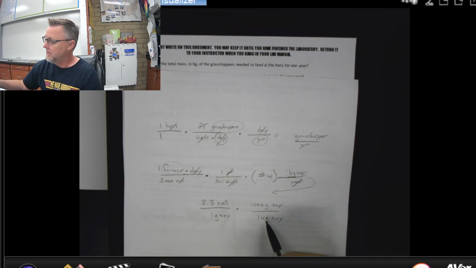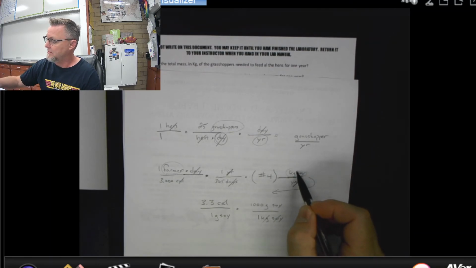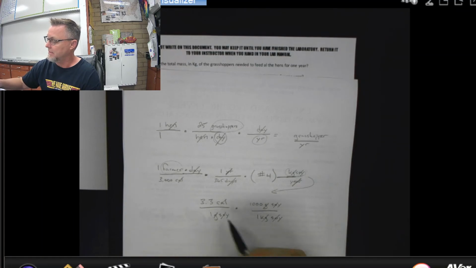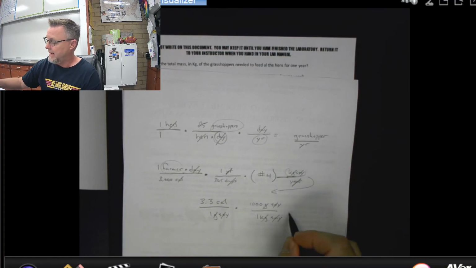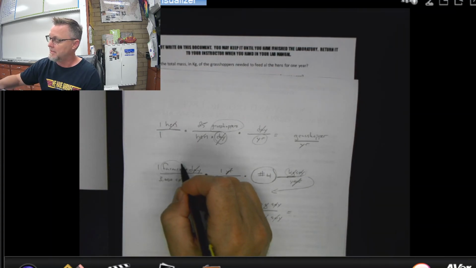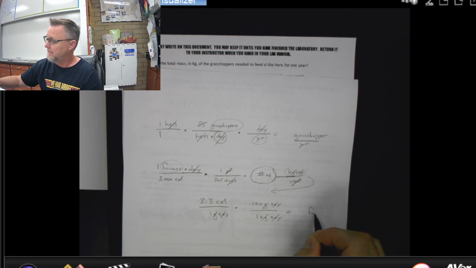So this cancels there, and this is going to cancel here. And if we do our math going straight across, assuming you solved number 4, you should end up with an answer that only has farmers in it.